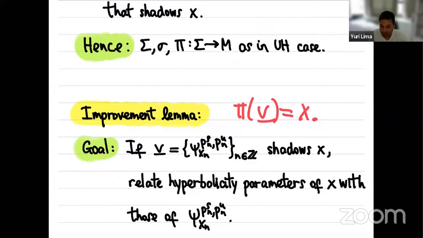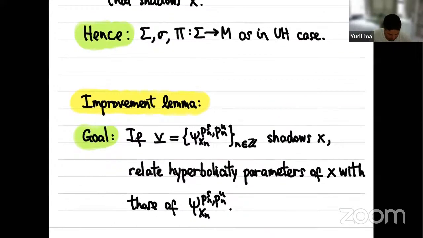If I know that V is shadowing X, I want, in some sense, to relate the hyperbolicity parameters of the charts of V to the hyperbolicity parameters of the shadowed point X. And the improvement lemma allows us to do that.